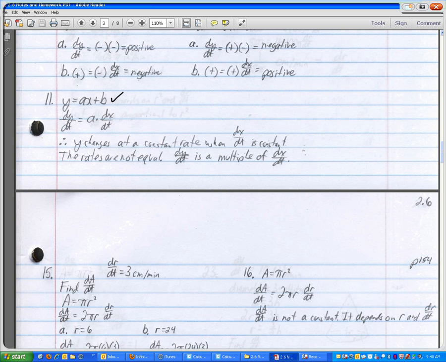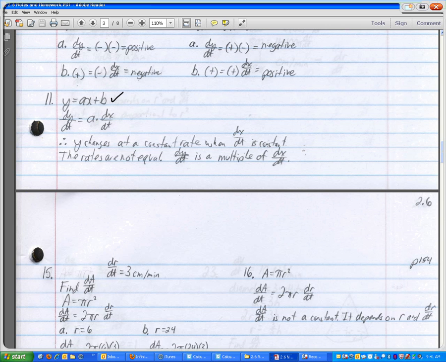If they'd given you an m instead of an a, would that look really familiar? All right. So they're asking us about rates. Let's turn it into rates. So the derivative of y is dy dt. The derivative of ax. Well, the derivative of 7x is 7. The derivative of negative 2x is negative 2. So the derivative of ax is a.